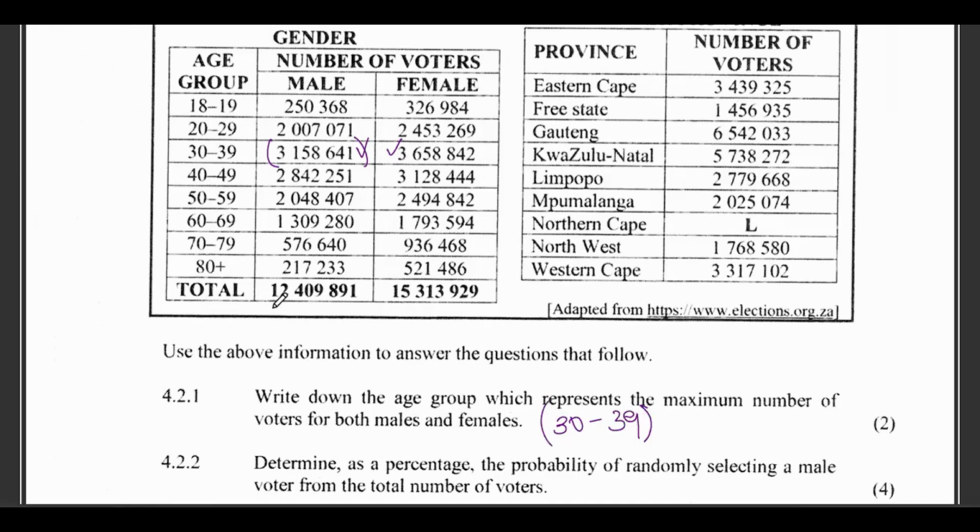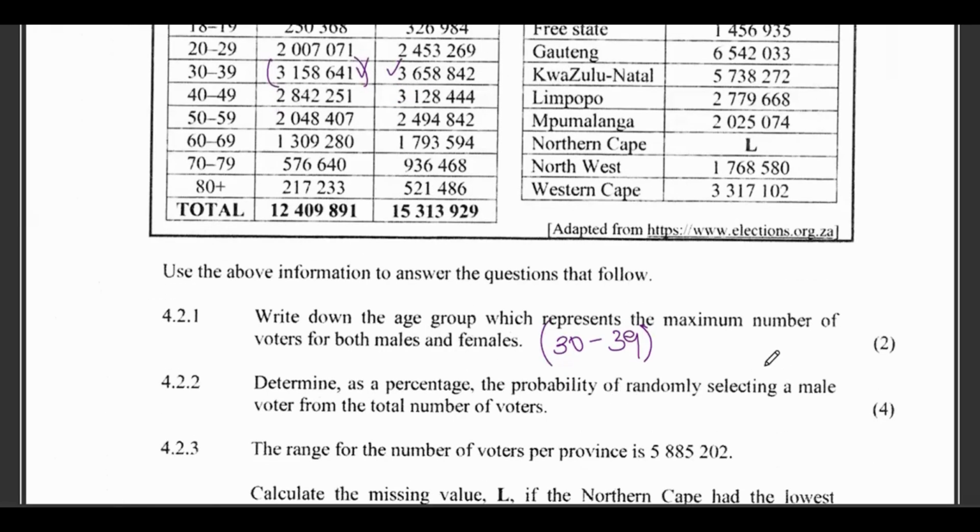Okay, determine as a percentage the probability of randomly selecting a male voter from the total number of voters. So what you're going to do first and foremost, find out the total number of voters.